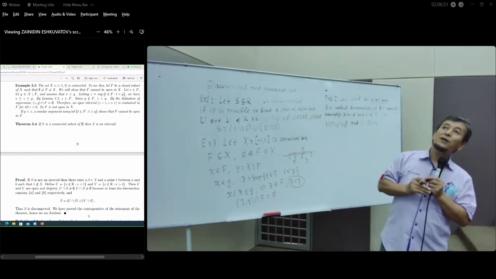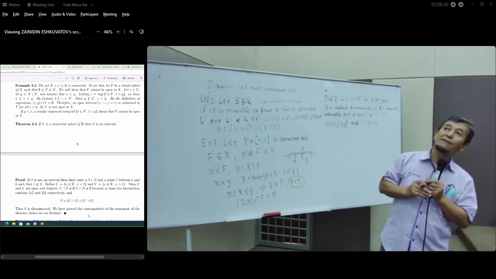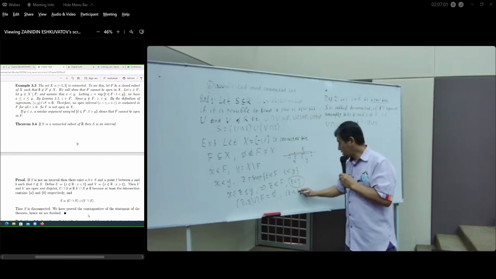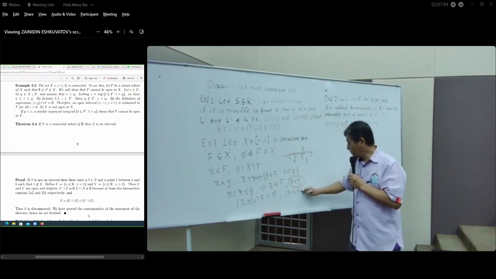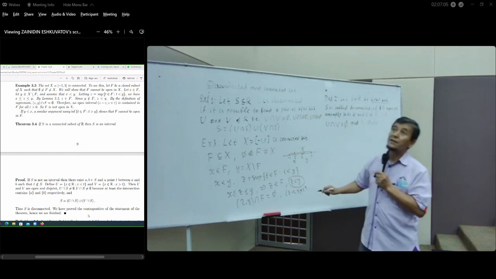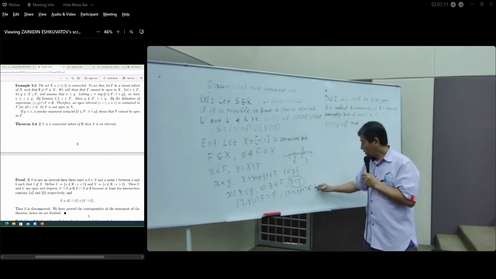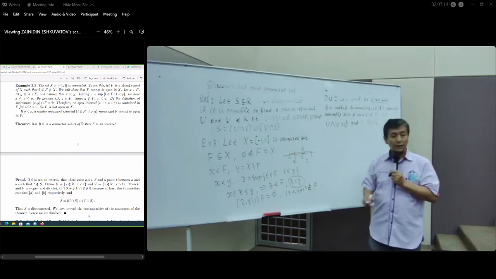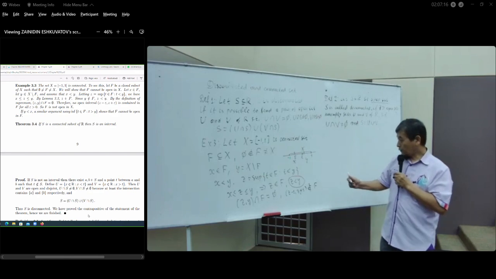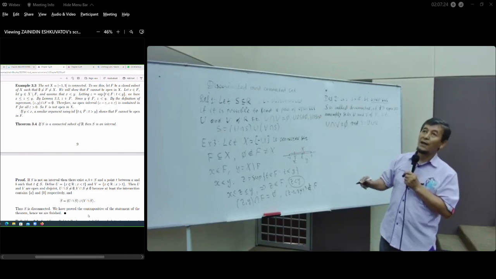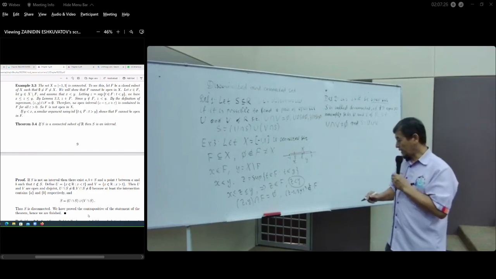Therefore no open interval is contained in F. So (Z minus epsilon, Z plus epsilon) is not contained in F. No such interval, for all epsilon. So F is not open in X.